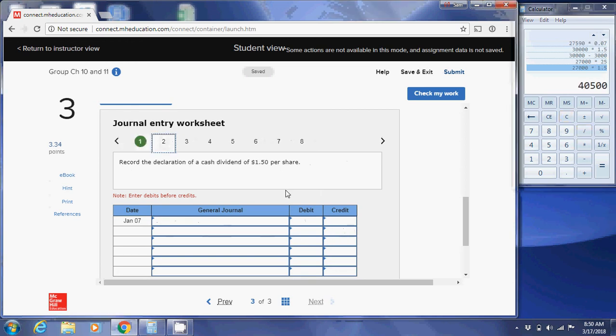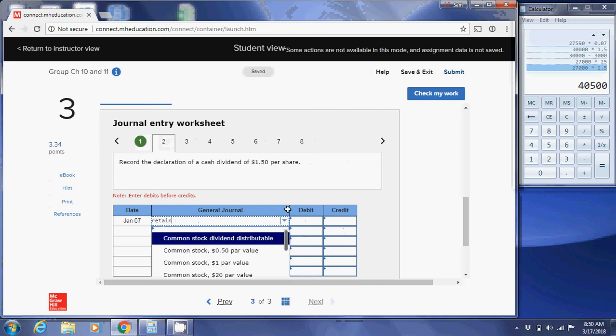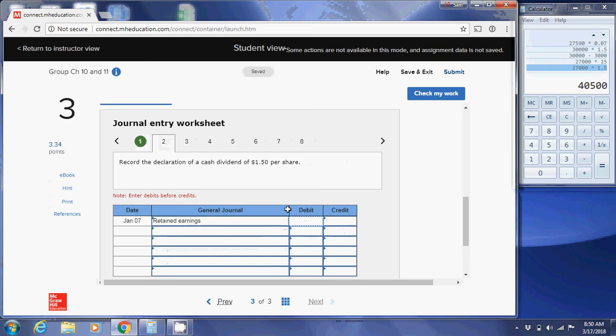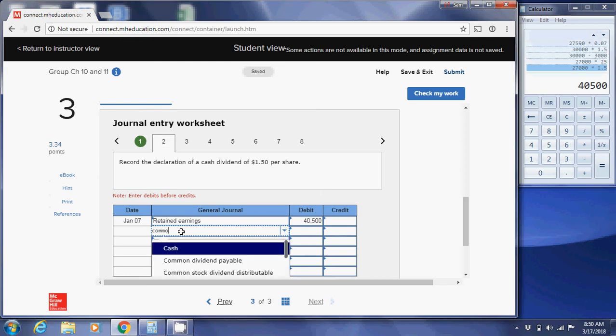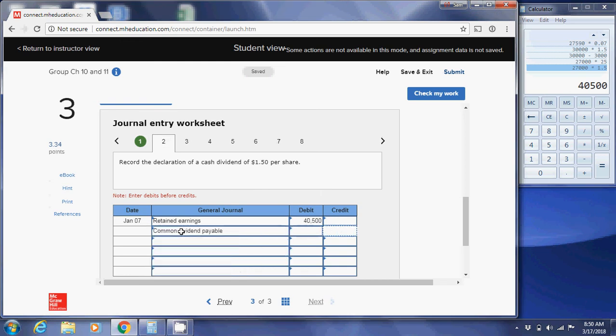That $1.50 per share is going to be the dividend. Remember that dividends come right out of retained earnings. So 40,500, and this is the declaration. So on this date we owe it. We haven't paid it on this date. This is the date of declaration. So we now have a payable, and we call that common dividend payable.